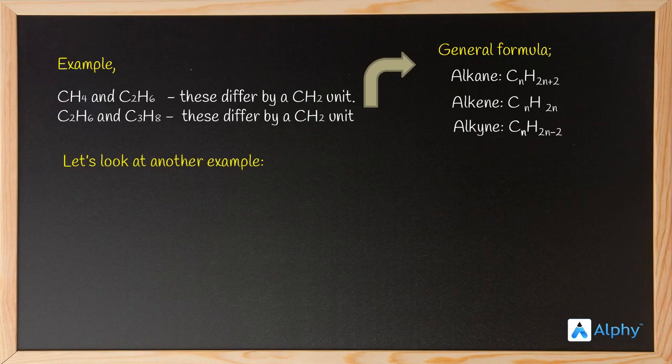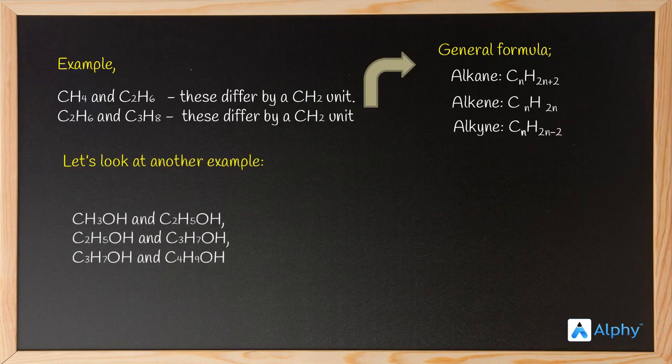Now let's look at another example to understand homologous series better. These are different compounds: CH3OH, C2H5OH, C3H7OH, and C4H9OH.